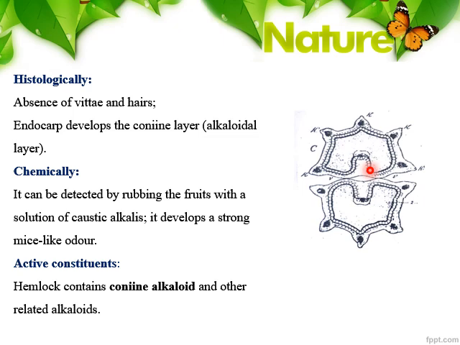In comparison to anise, we have more prominent, crenate primary ridges with a vascular bundle below, and the innermost layer of the mesocarp shows U-shaped thickening and contains coniine alkaloid.